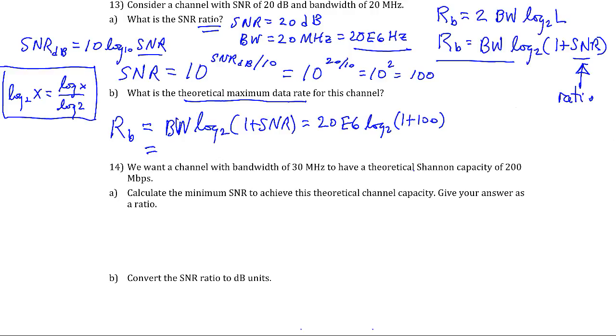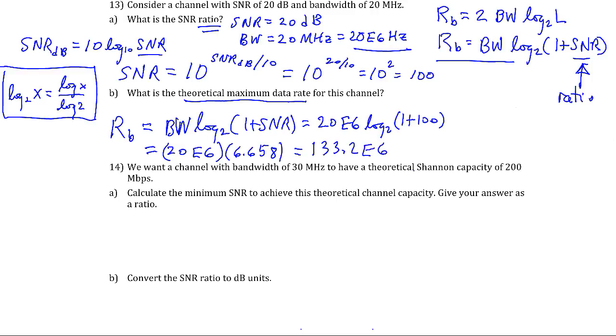So this is 20 e to the 6th times 6.658. And if I multiply this value by 20, I get 133.2. I took the 6.658 and multiplied it by 20. I didn't multiply by 20 e to the 6th, so I still have my e to the 6th here.